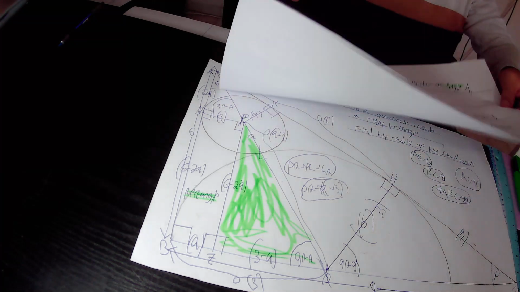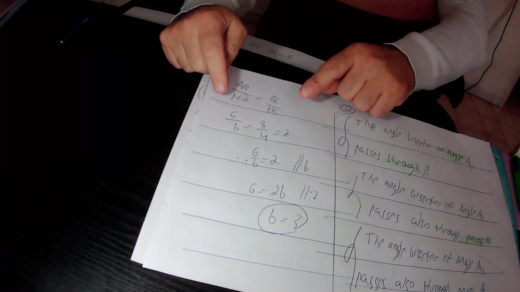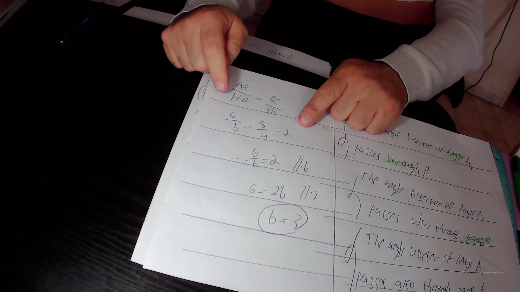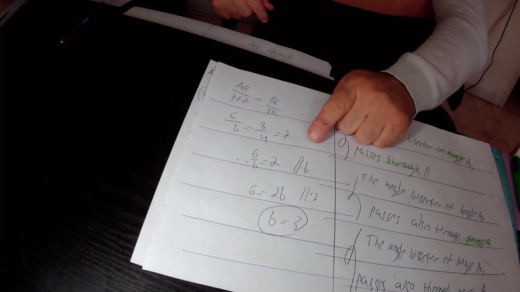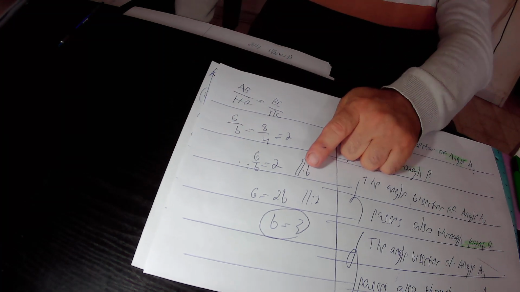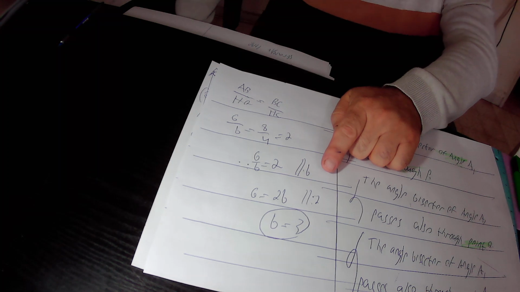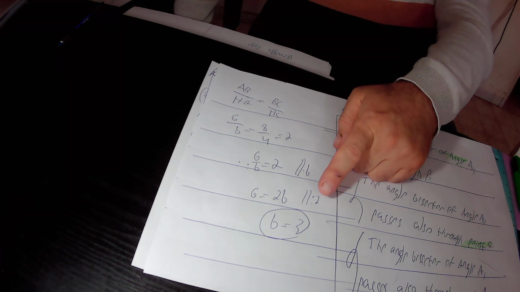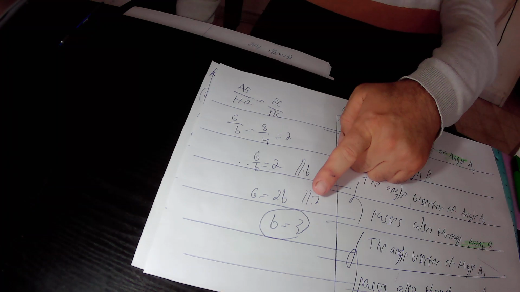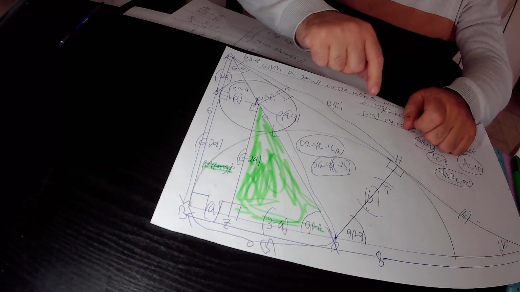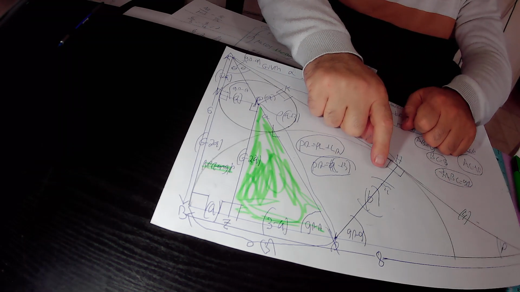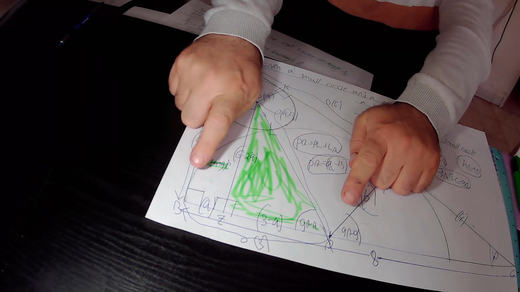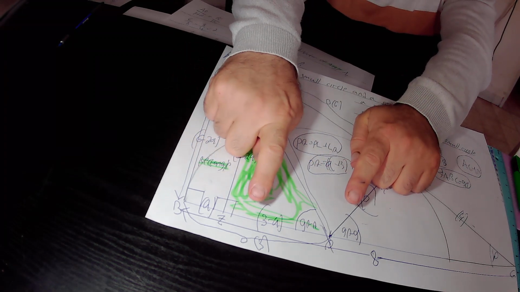So we find that 6 over B equals 8 over 4. 8 over 4 is 2, so 6 over B equals 2. We multiply this equation by B and find that 6 equals 2B. We divide this equation by 2, and find that the missing radius B equals 6 over 2, that is 3. So HQ, the radius of this big semicircle, equals 3. QB is also a radius of this big semicircle, equal to 3.